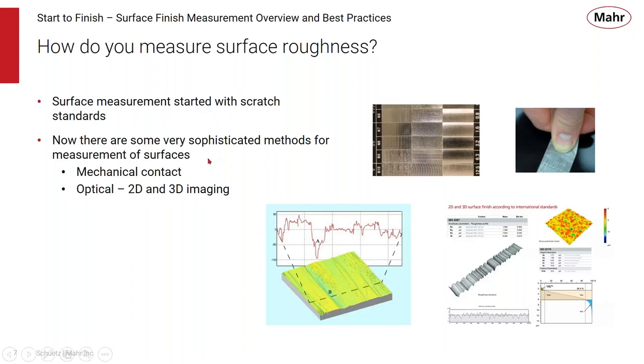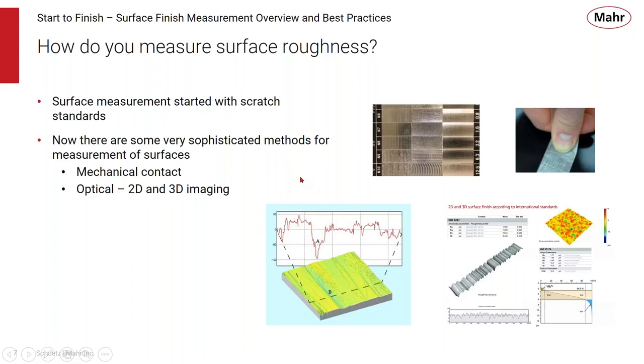But now there are some more sophisticated methods for doing that, well documented with lots of standards, where there's a mechanical contact that's dragged over the part to get the surface roughness.